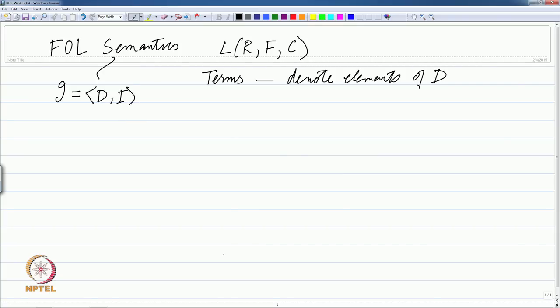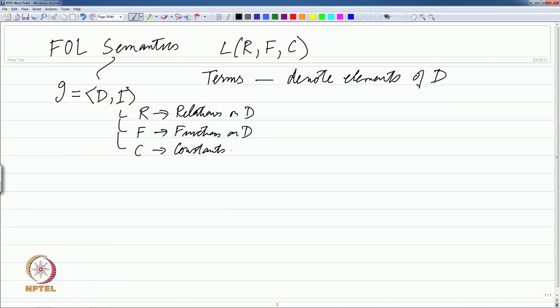What this mapping I does, if you recall, is that it maps the set R onto relations on D, it maps the set F to functions on D, and it maps the set C to constants of D. And together with these, we have the family of terms that we are talking about.